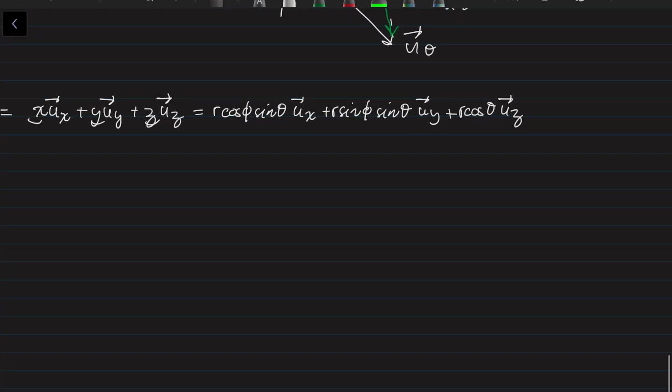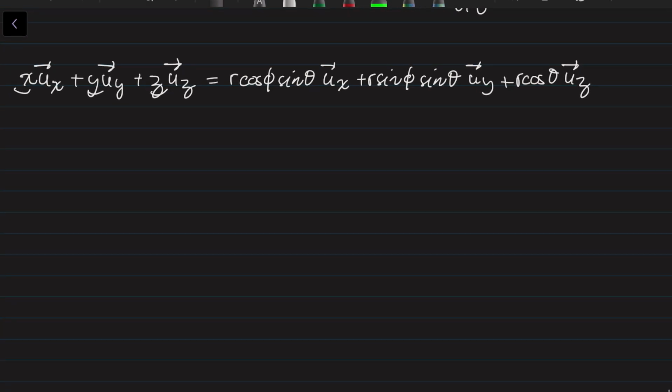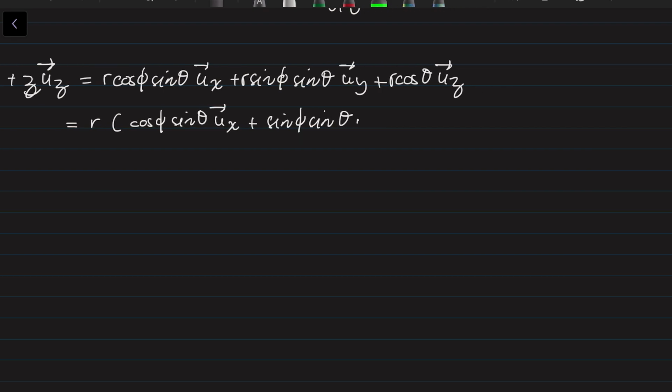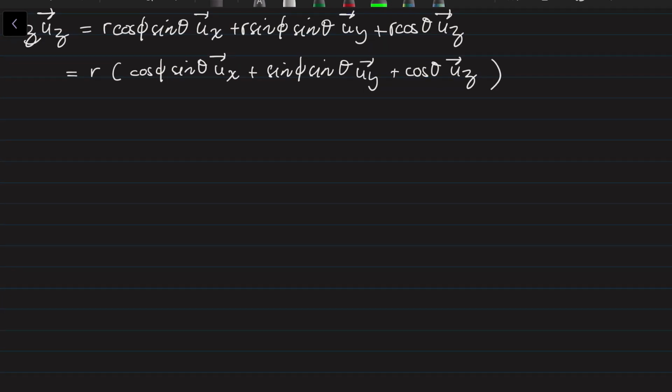So what I'm going to do is pull out a factor of r, so I can write this as r times cosine phi sine theta ux plus sine phi sine theta uy plus cosine theta uz. And so you might notice that what I have in my brackets is just my unit r vector in spherical coordinates, right?